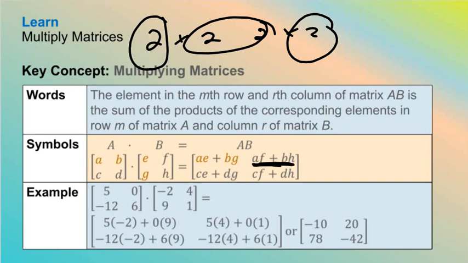So I'm going to take A and B, multiply by F and H. So A times F plus B times H. Add them together and that gives you this. This part here is row 2, column 1. So I'm going to rotate this, so it'd be C times E plus D times G.